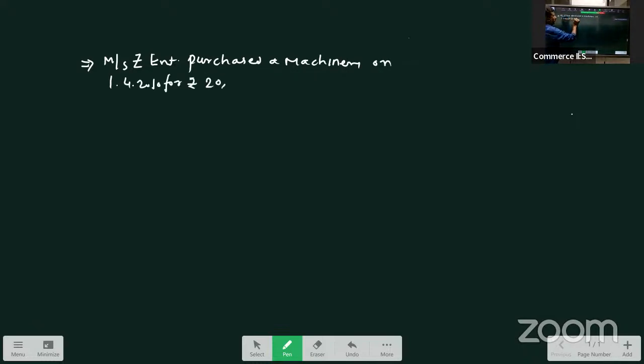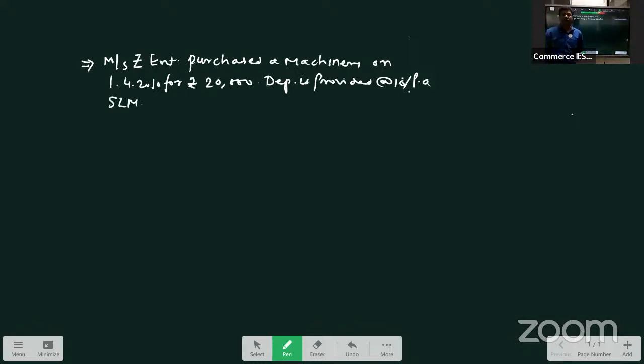Z Enterprises purchased a machinery on 1st April 2010 for rupees 20,000. And depreciation is provided at the rate of 10% per annum under SLM method.